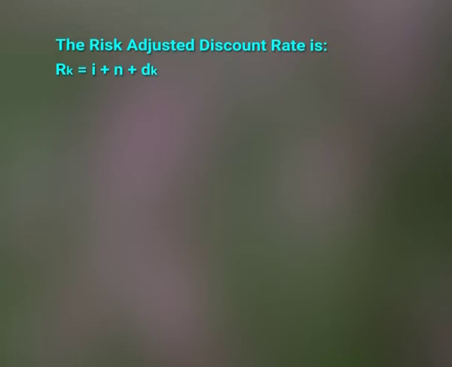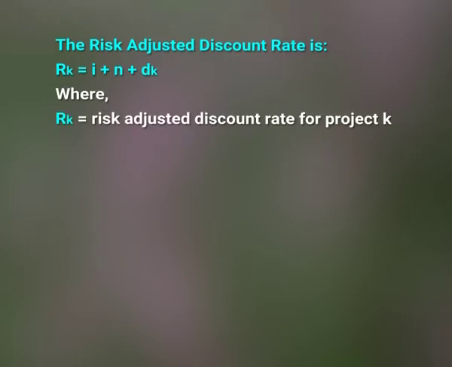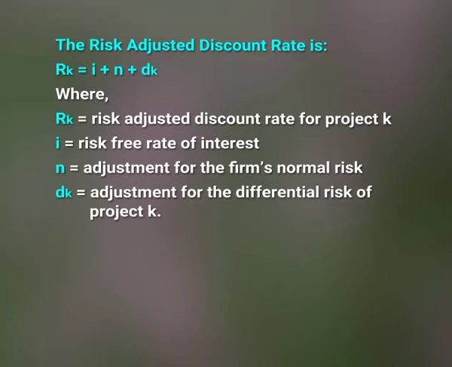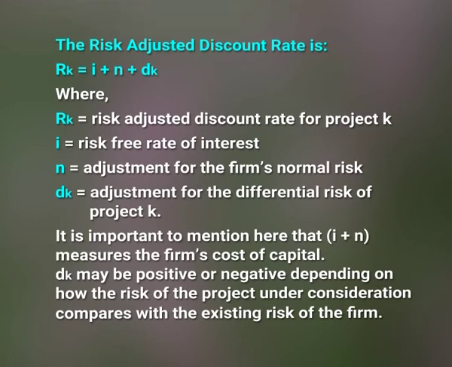The risk-adjusted discount rate is Rk = I + N + Dk, where Rk is the risk-adjusted discount rate for project K, I stands for the risk-free rate of interest, N stands for the adjustment for the firm's normal risk, and Dk stands for the adjustment for the differential risk of the project K. It is important to mention here that I + N measures the firm's cost of capital.